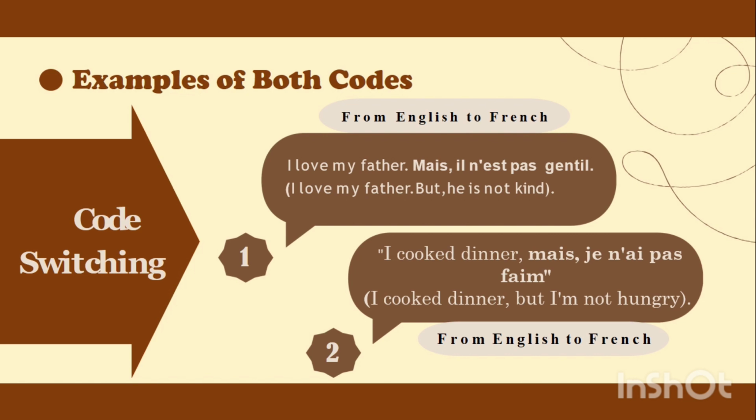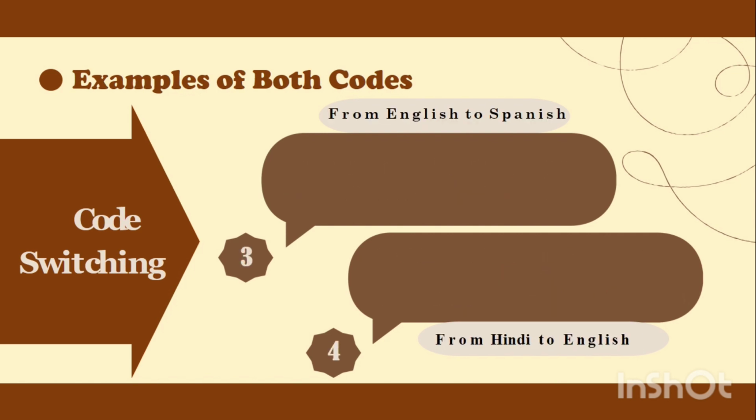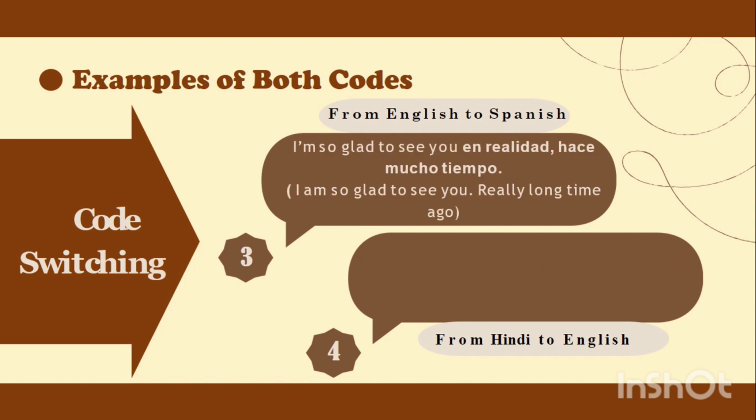I cooked dinner, mais je n'ai pas faim. I cooked dinner, but I'm not hungry. From English to Spanish. I'm so glad to see you. En realidad, hace mucho tiempo. I'm so glad to see you. Really long time ago.